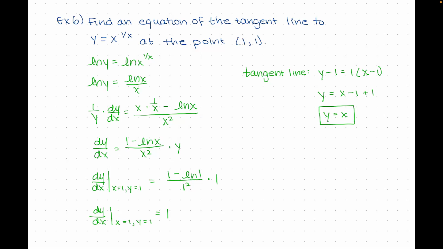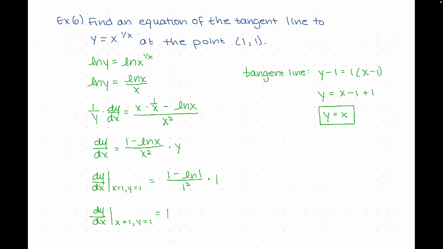Sure. Walk through. Okay. So again, anytime you see the base and the exponent both being a variable, use logarithmic differentiation. So that's what I did here. Take the natural log of both sides, so then you can rewrite it. You could have written this as a product and done product rule.